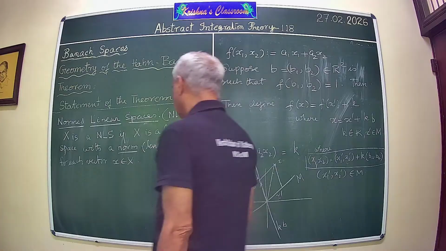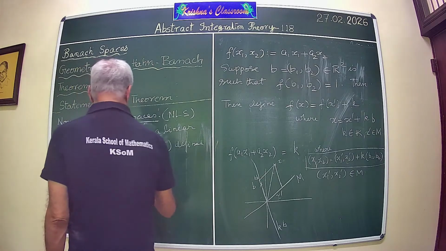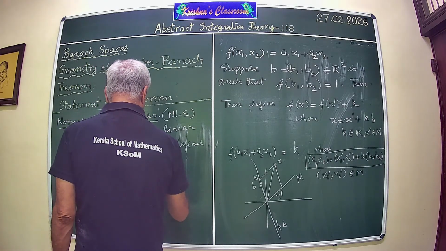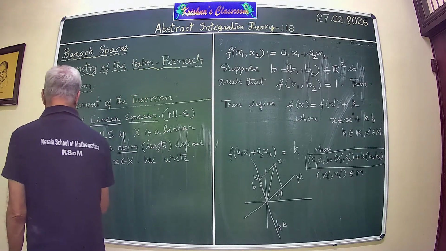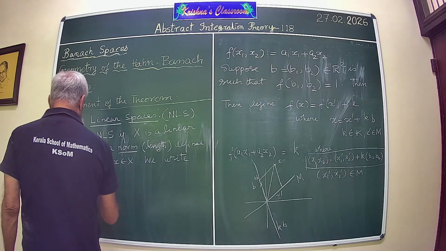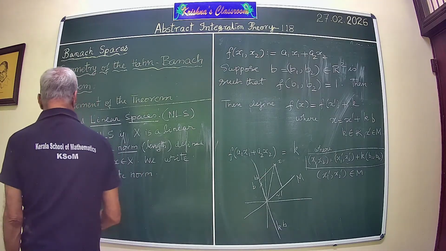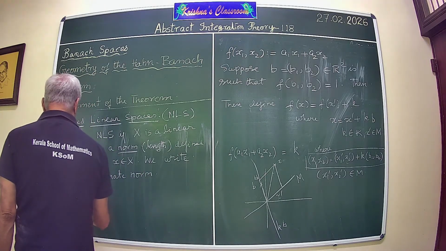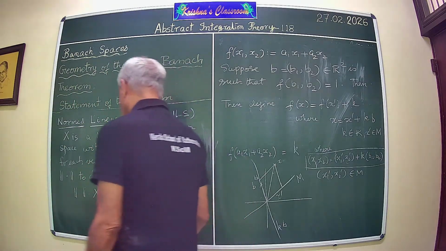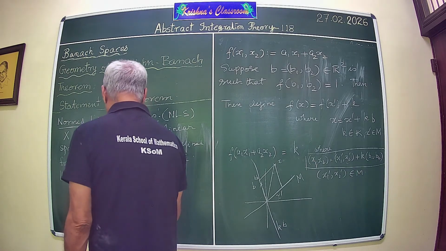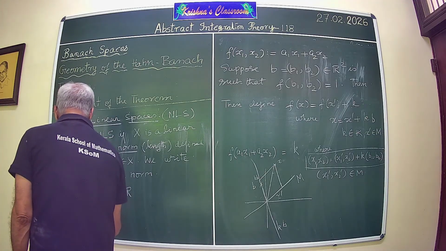So we designate by, so we write norm of X. So norm is a map from X to R, in fact R plus, okay, such that the following properties are valid.